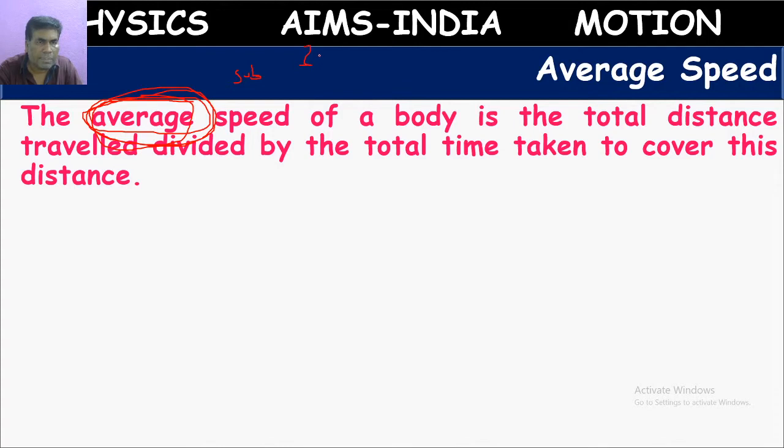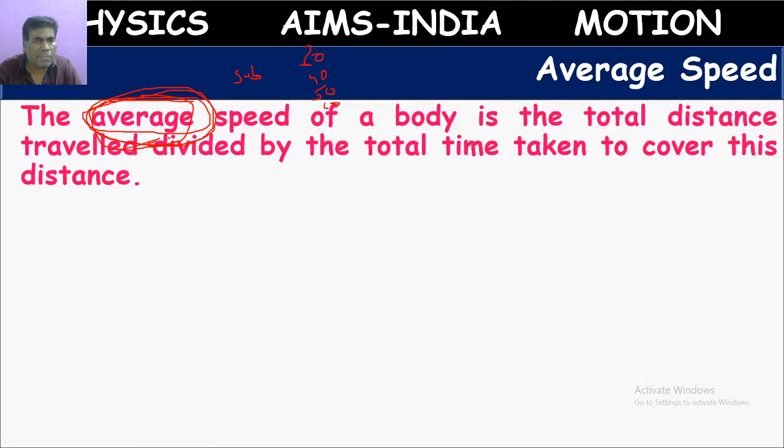Suppose in one subject, one boy has got 30, another boy has got 50, another boy 50, another boy 60, like that marks in physics subject. So what is the average mark? We have to add all, and how many quantities are there? 4 are there. We add all, we divide by 4. Okay? So that means sum of the elements by number of the elements.